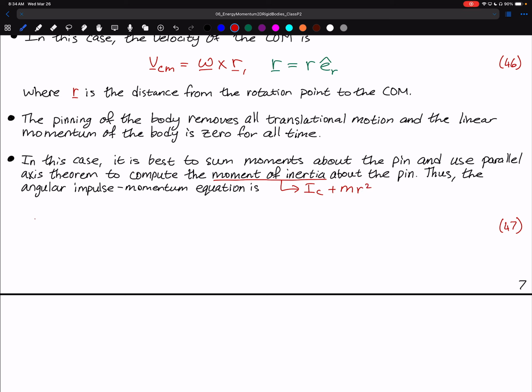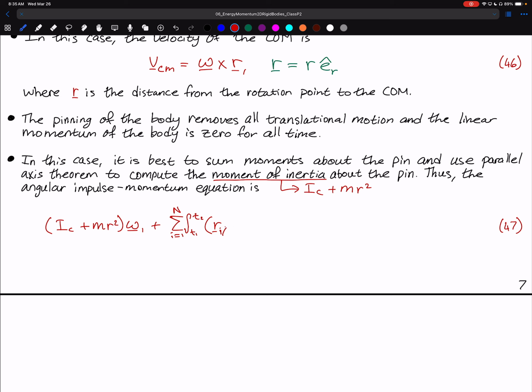And then for impulse momentum, we're going to get here that (I_C plus m r squared) omega 1 plus the summation from i equals 1 to big N of the integral from t1 to t2 of r sub i relative to P. We'll just use P to represent the pin position.